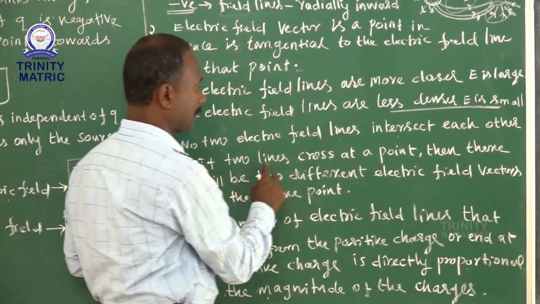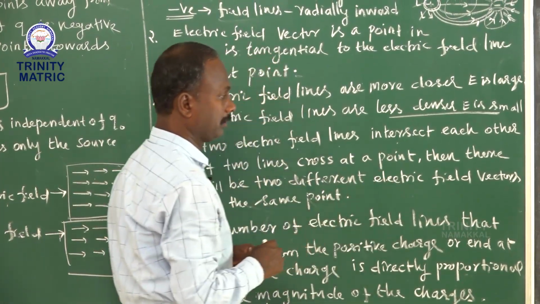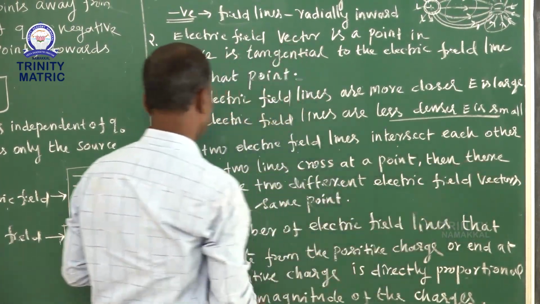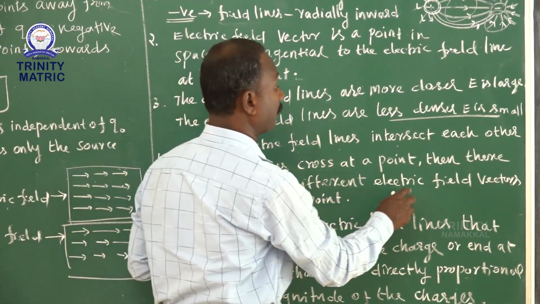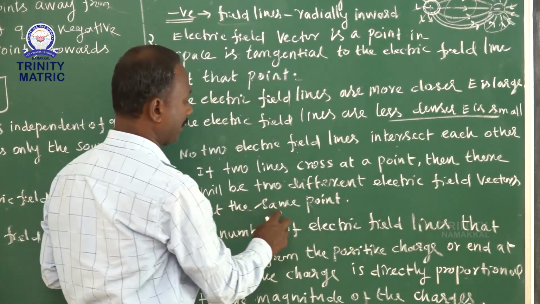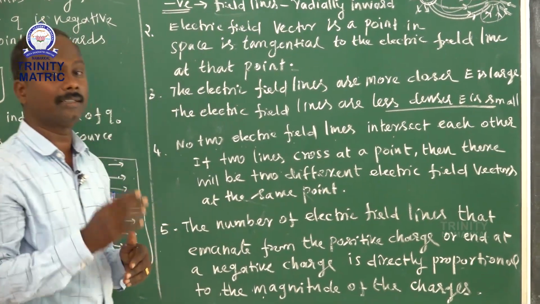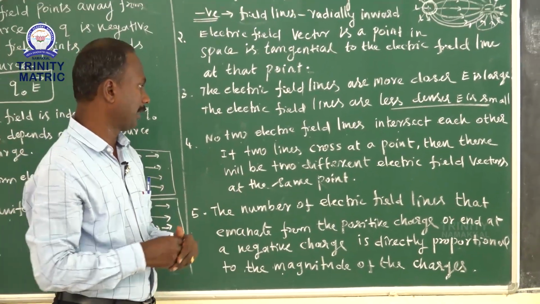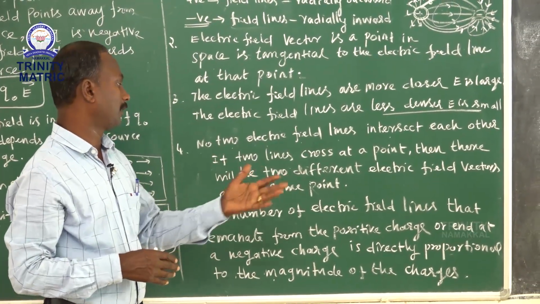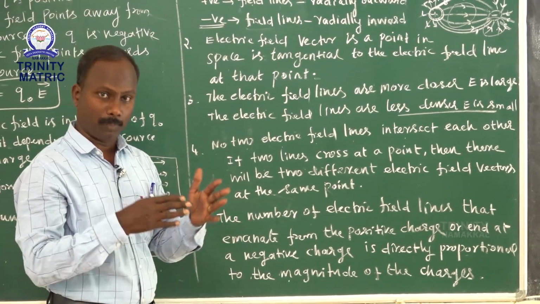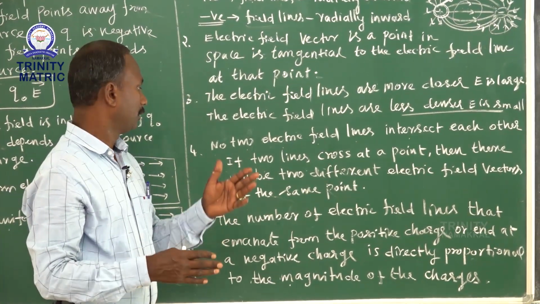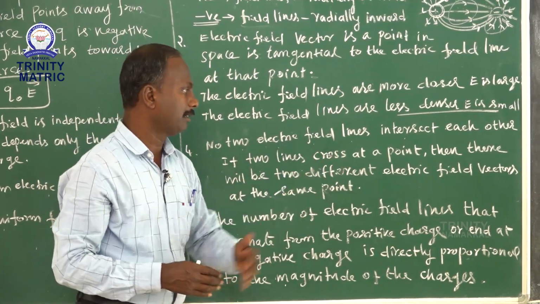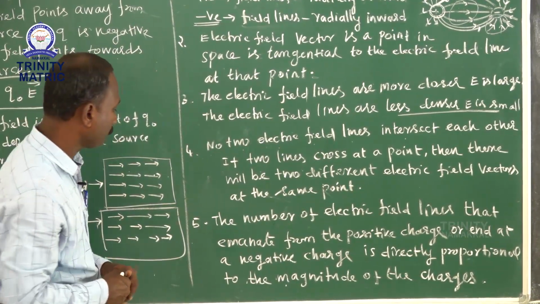If two lines crossed at a point, there would be two different electric field vectors at the same point, which is not possible.